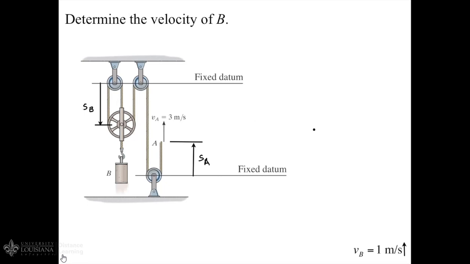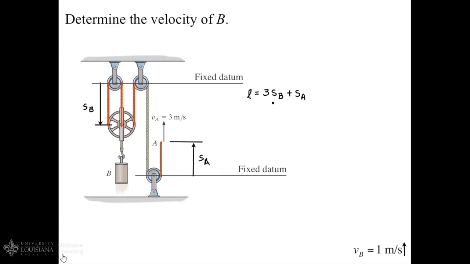Now let's write the changing length of the cable in terms of our position coordinates. We have L equaling first 3 times S sub B, and we also have plus S sub A. Again, we don't put this length into our equation because it's constant for all time, along with the arc segments for each of the pulleys.